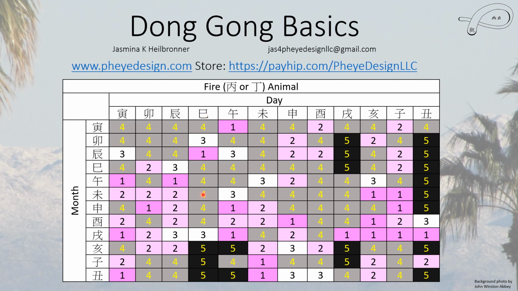I mean, there are quite a few decent days there, but you will find that these are like consecutive days, these 2 days in a row, but then the next day this is fire. You have to look at the metal ones for the next 2 days and so forth. It's a little complicated, and I'll show you an actual calendar with this in a bit.